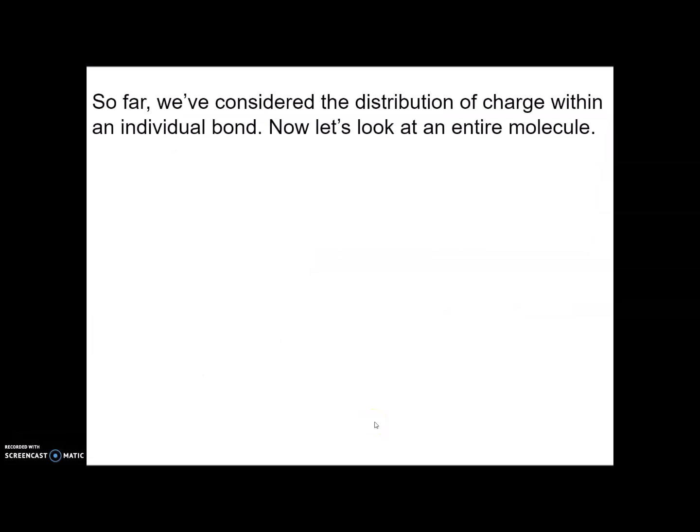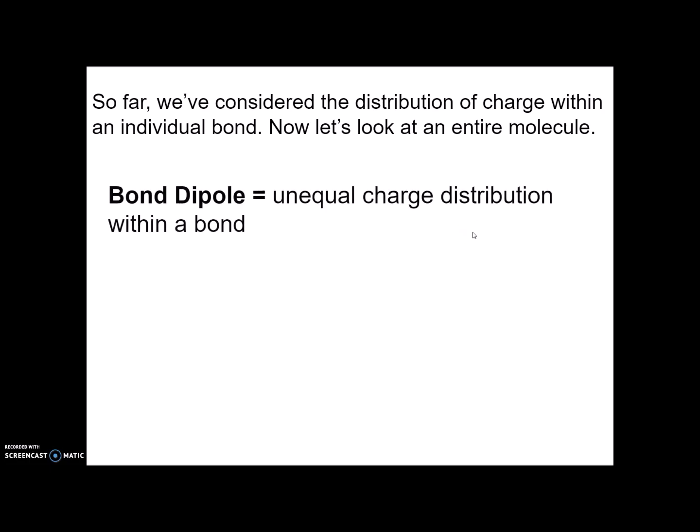Okay, so far, when we've talked about electrons in the distribution of negative charge within an individual bond, we've only been considering two atoms. But now I want you to consider multiple atoms. We're going to give the term bond dipole to refer to unequal charge distribution within a single bond.